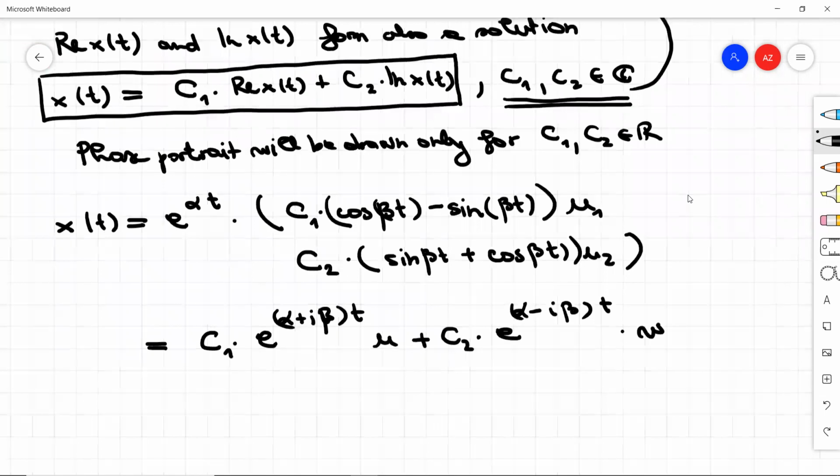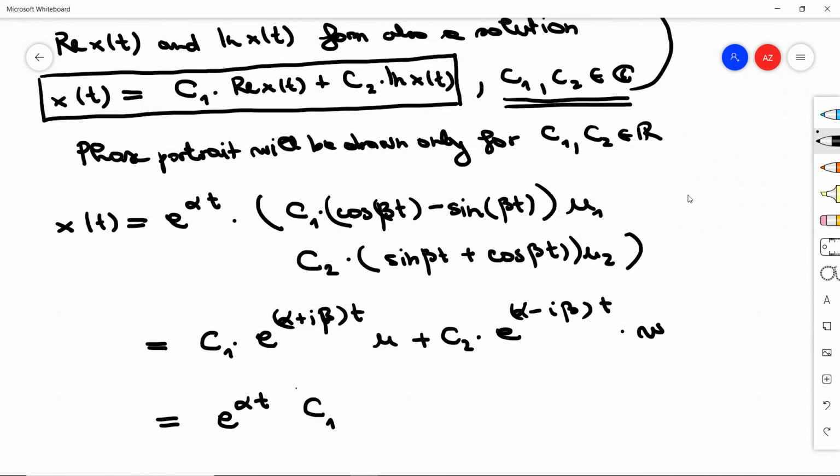So it is e to alpha t, and then C1 times e to i beta t u, plus C2 times e to minus i beta t w.